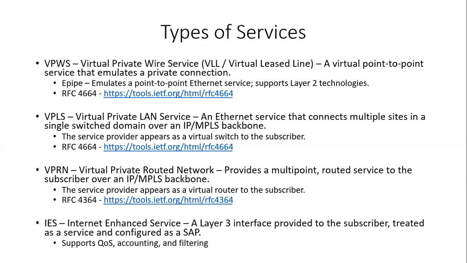So in the case of a VPRN, each customer site can have its own network, but each network will be reachable through the service provider. So it's as though the service provider is acting as a virtual router to the subscriber, allowing the subscriber to segment and interconnect their broadcast domains.